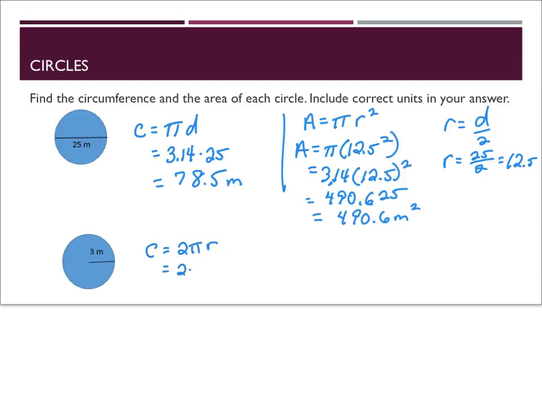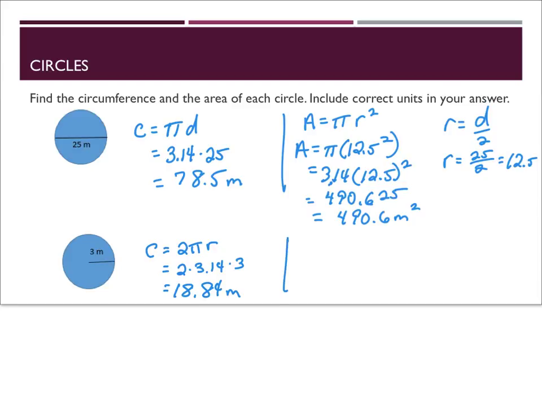So here we want to do 2 times 3.14 for pi times 3 for the radius. 2 times 3.14 times 3 gives us 18.84, and our units is meters.